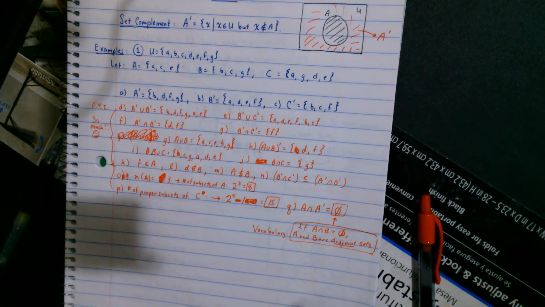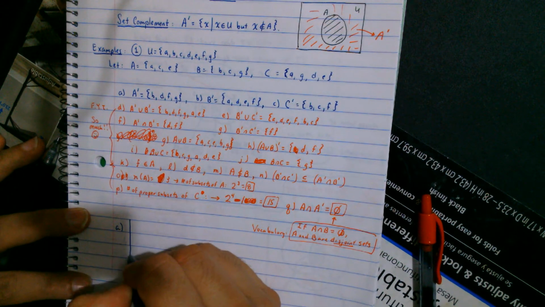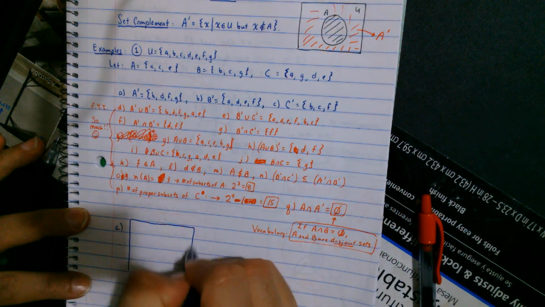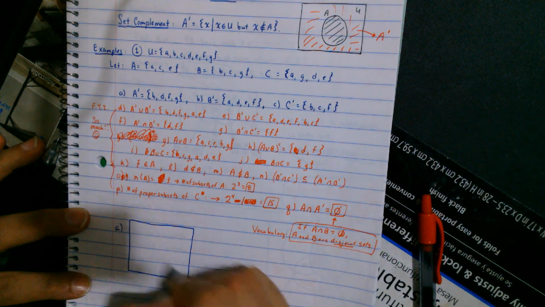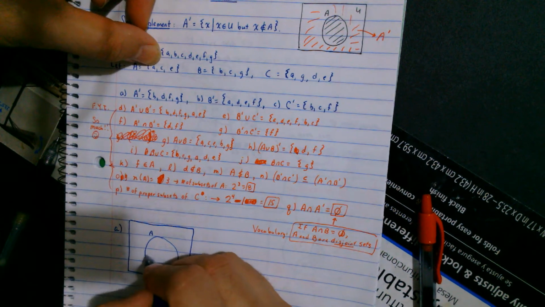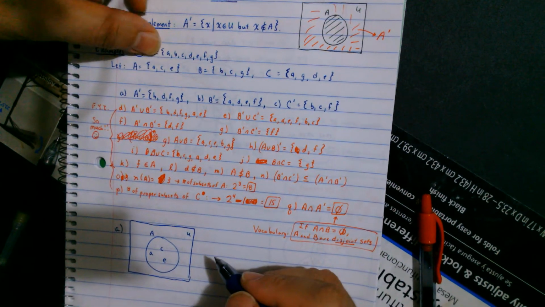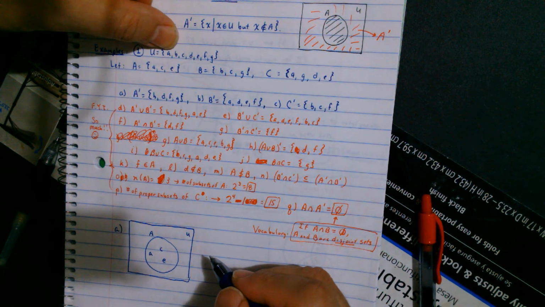So if I may, put it down here. You don't have to do this, but I just want to make a point with the Venn diagram. A has the set A, C, and E. The universe also has what?